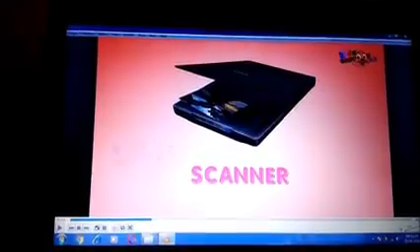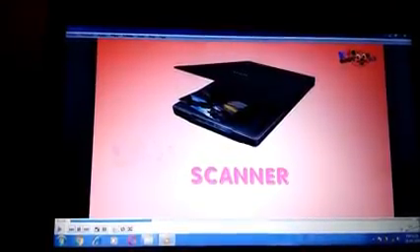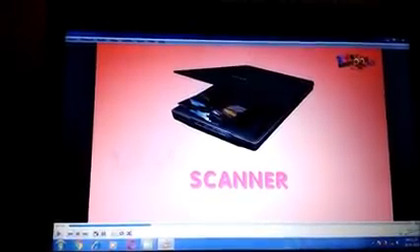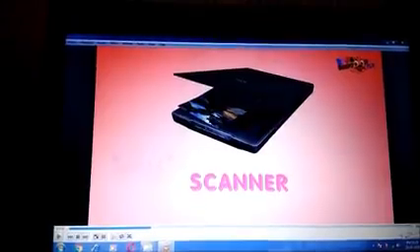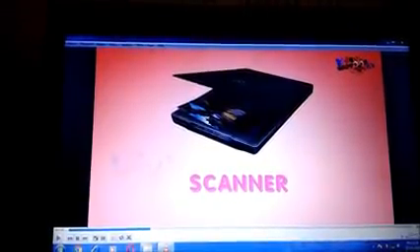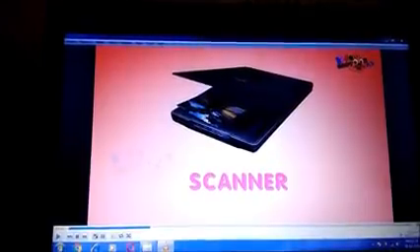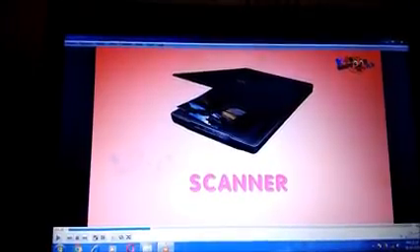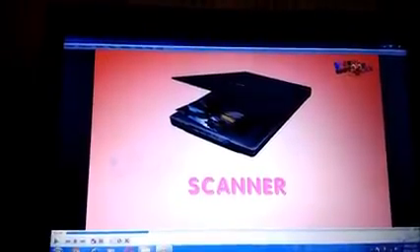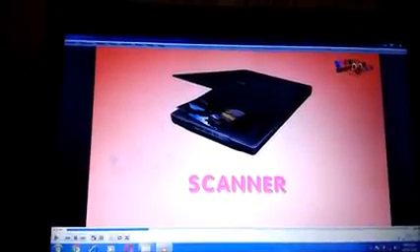A flatbed scanner is a flat surface made of glass where the item to be scanned is placed. It works like a photocopy machine. Handheld scanner. This scanner is used to scan the object by dragging it over the object. It is most commonly used in shopping stores.